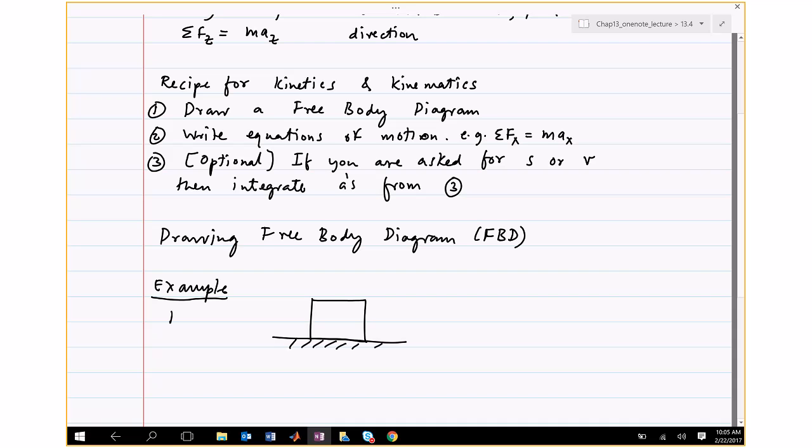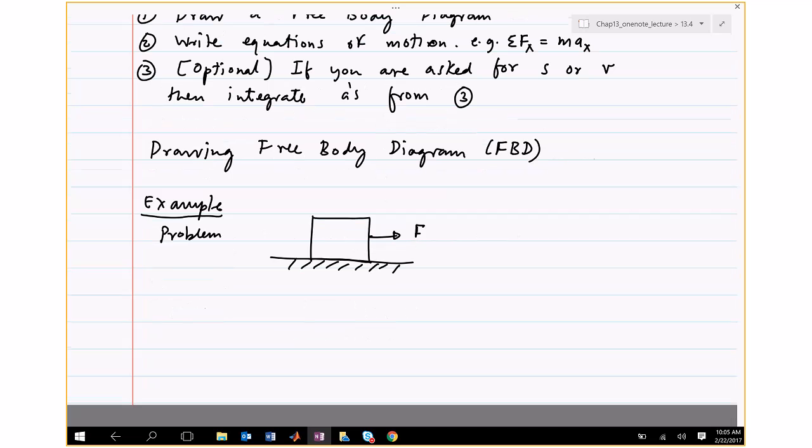So the problem is there is a mass on the ground. This denotes the ground, and it's pulled with a force F as shown. You're told to draw the free body diagram. So the FBD would be.